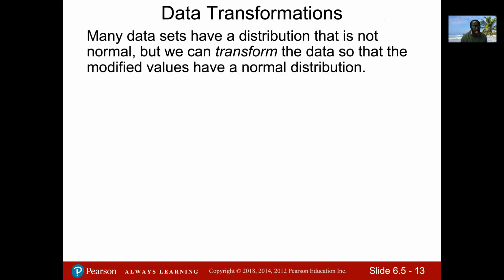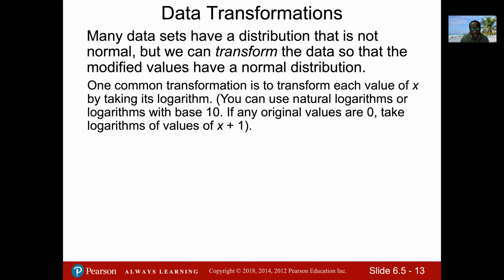Many data sets have a distribution that is not normal, but when we do some transformation, the modified values have a normal distribution. Whether you are adding 1 to each, subtracting a certain quantity, or squaring it, any form of transformation may work.